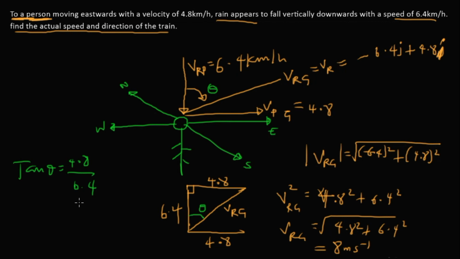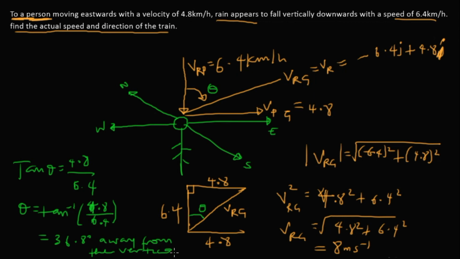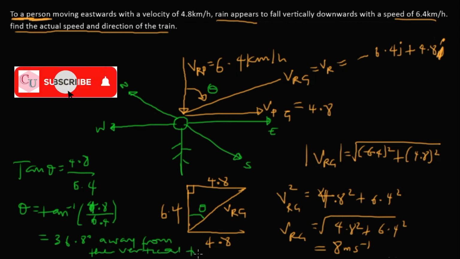Then theta is the arctan of 4.8 over 6.4, which is equal to 36.8 degrees away from the vertical, to the east.